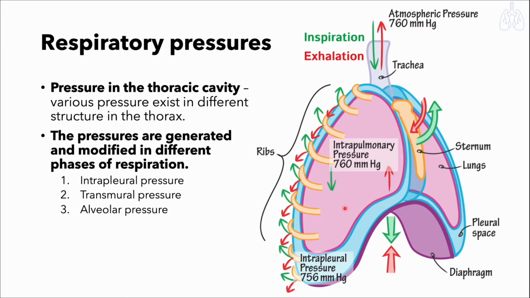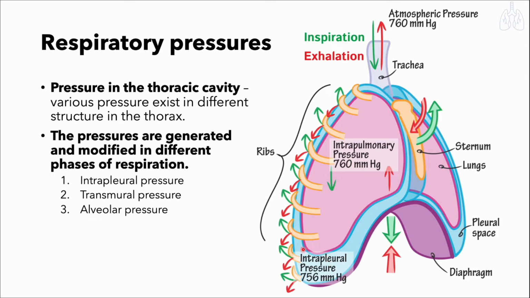Now let's take a look at another pressure, the intrapleural pressure. Remember I showed you a balloon with a fist pressing on top of it just now. This pleural cavity is an enclosed area, and it has its own pressure. Basically, the intrapleural pressure is 756 millimeters of mercury.